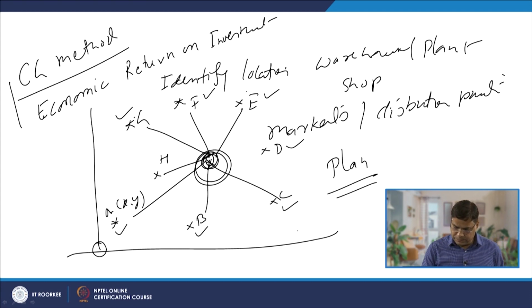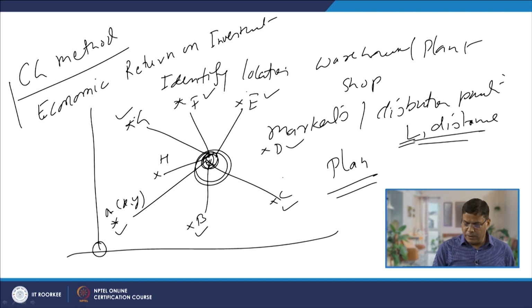considering both the load to be moved and the distance to be travelled, so that the load and distance to be travelled are considered for optimizing the location, for identifying the location of the plant so that load and distance to be travelled are minimized.